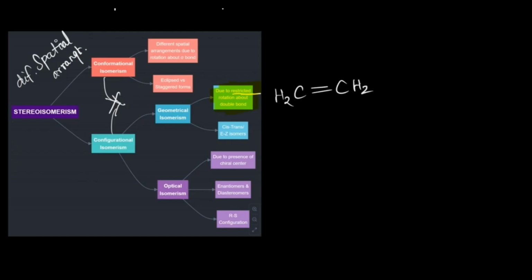Can I rotate this molecule? Is it possible? There is lots of strain. There will be a restriction to rotate this molecule, isn't it? I'm not talking about rotation in this way, I'm just talking about the rotation over here. So that restricted rotation is about geometrical isomerism.